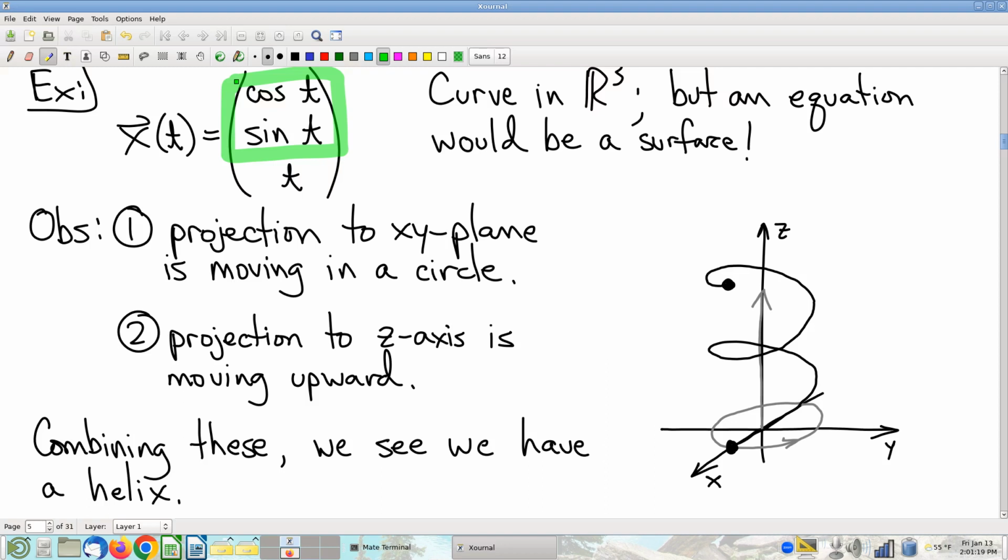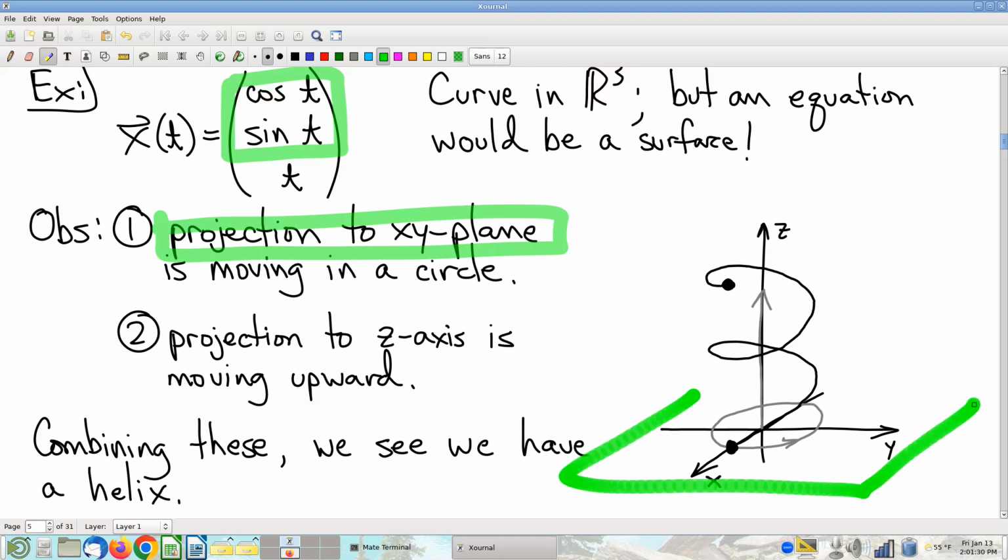But what I can do is say, look, if I were to throw away the third coordinate, we would no longer be looking at the same curve. We would be looking at its projection down into the XY plane. We'd be looking at its shadow, if you will, down in the XY plane. And, cool, because I know exactly what that shadow is. Again, this is why I started down this road in the first place. I see that cosine, sine. I like it because I know that's tracing out a circle.